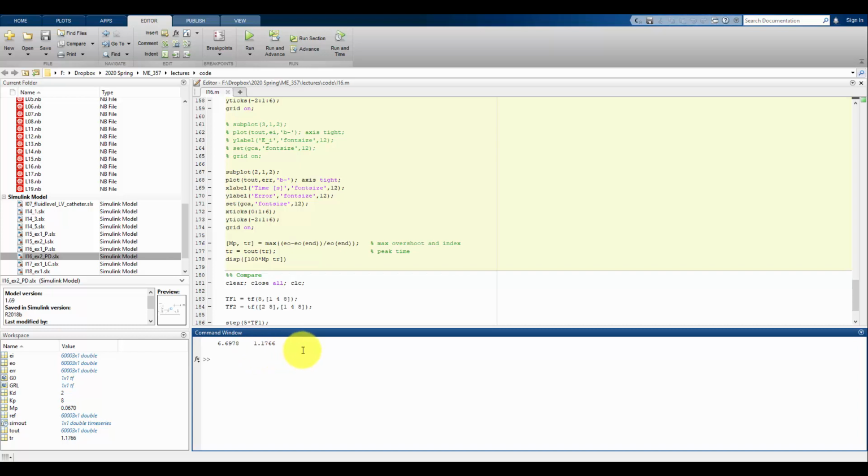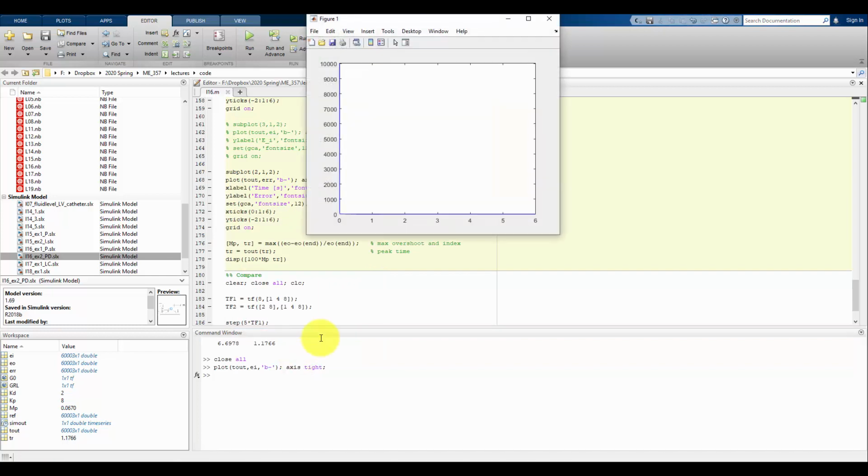So this is practically more what the true PD controller should be doing. And we can see what is happening to the input. All right, so we see the input is ridiculously high at the start, and then drops down relatively small. So in reality, we could not implement such a high input into our system.